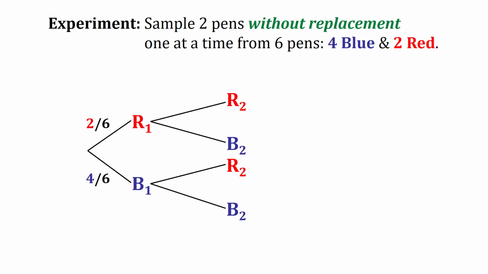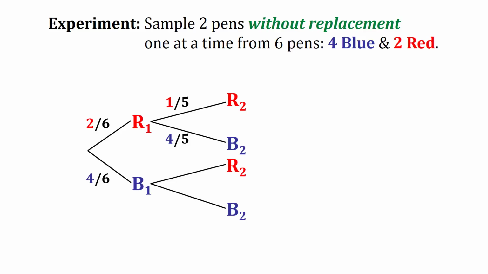And how many reds are there left if I'm looking at that top set of branches? If I pulled a red out on the first try, there's now only 1 red pen remaining out of the 5 total remaining. And then its complement, 1 minus that, would be 4 out of 5, because there are still the original 4 blue pens in the 5 remaining pens I am sampling from.